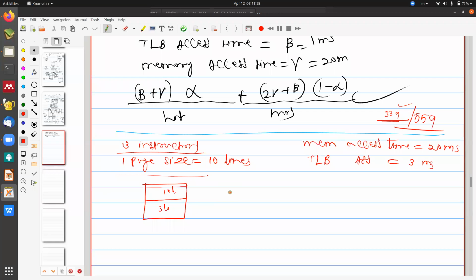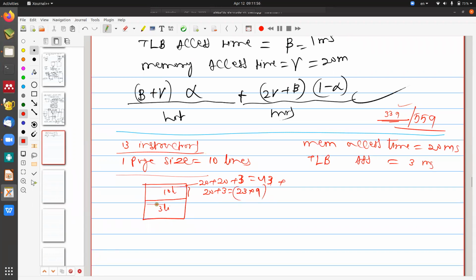No. So the time required is 20 plus 20 plus 1, that becomes 41, plus 3 for TLB access, so this becomes 43. For the rest 9 lines of the same page, it is 20 plus 3, that is 23 into 9. So 43 plus 23 into 9.